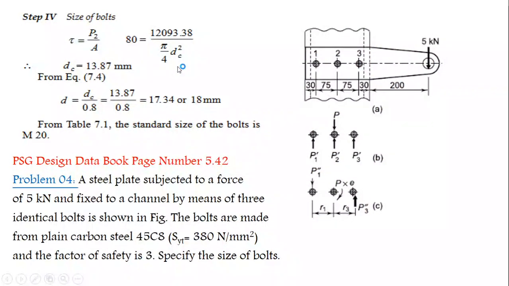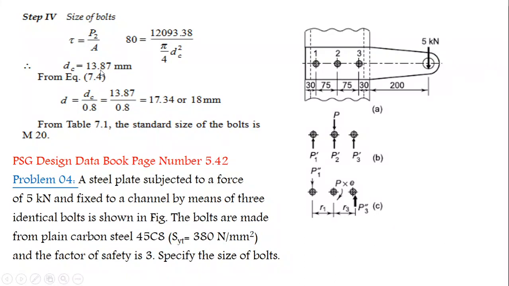Using this equation we can find the dc value 13.87. Using the equation dc equal to 0.8 d, we can find the value of capital D, the nominal diameter, 17.38, say 18 millimeter.